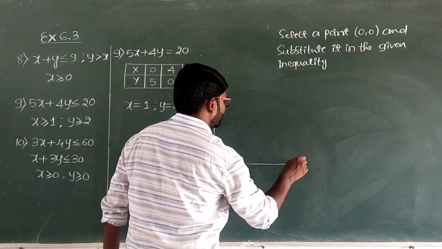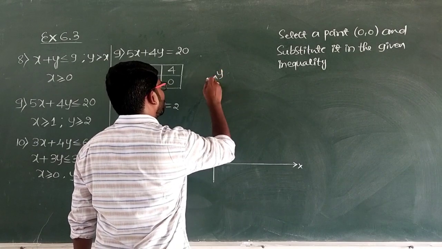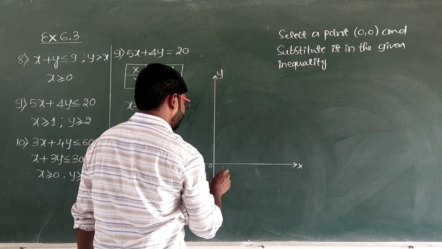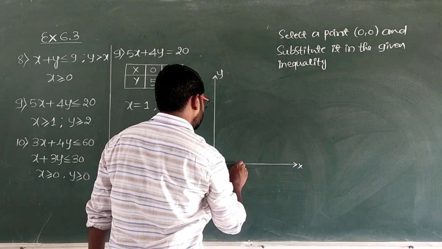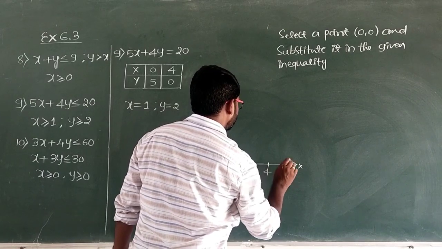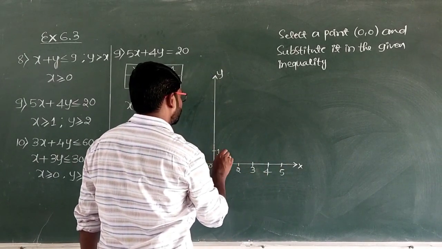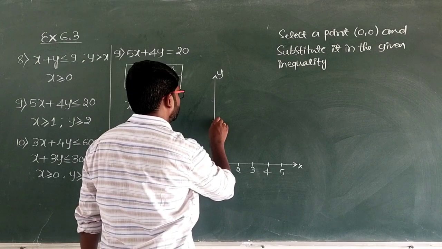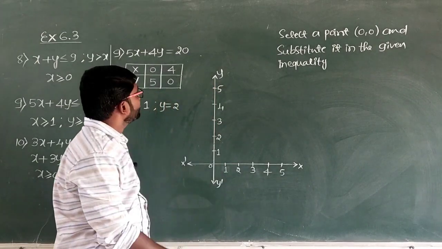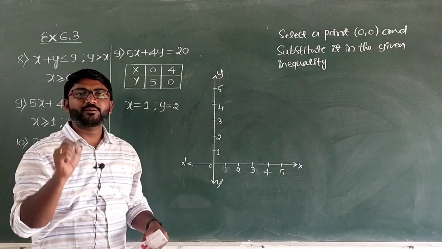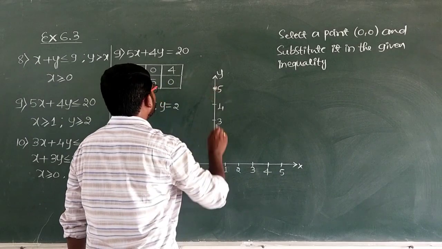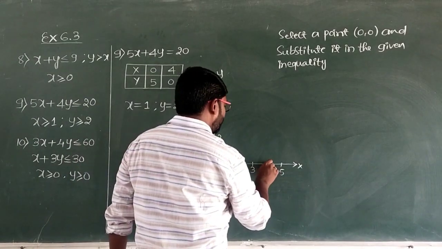So, x dash, O, x, this is y and it will be y dash. So, it is 1, 2, 3, 4, 5. Similarly, on the y axis we need to have some values 2, 3, 4 and 5. Now go for the first table: 0 comma 5 is this point. Now y is 0, x is 4, it will be this point.